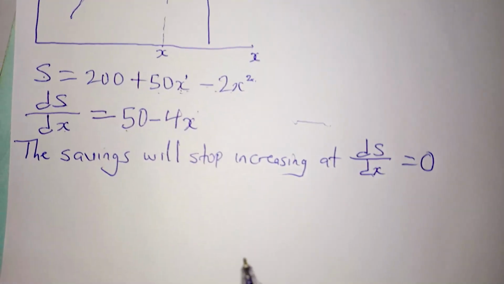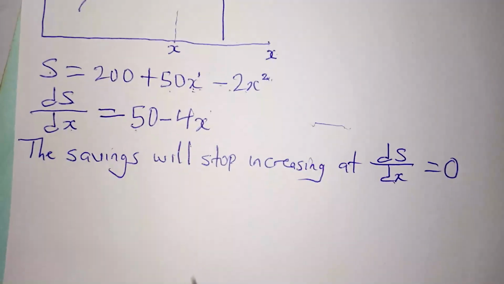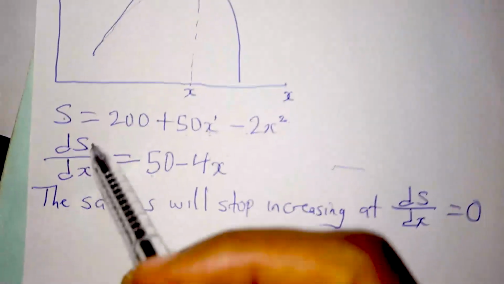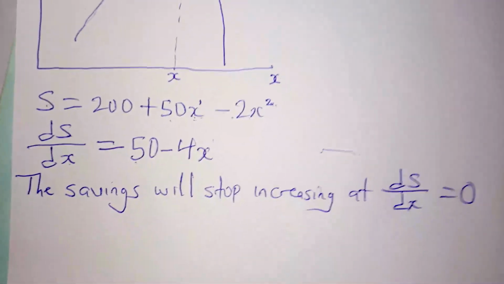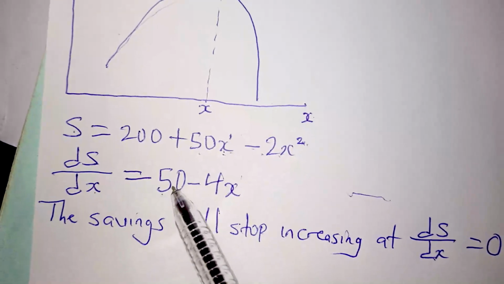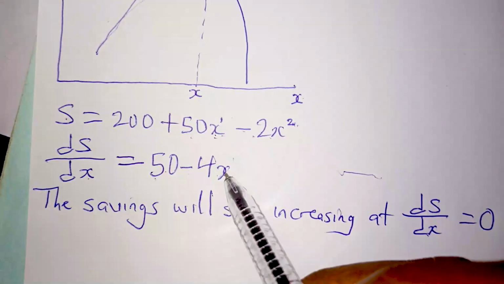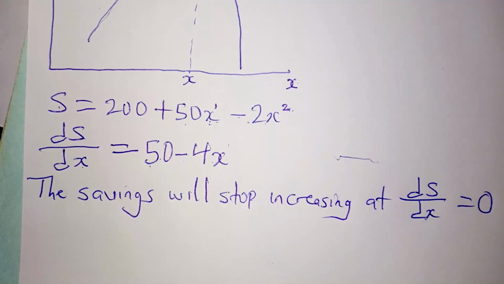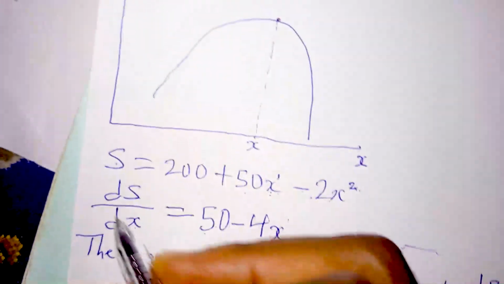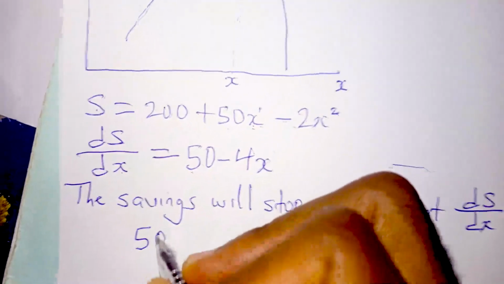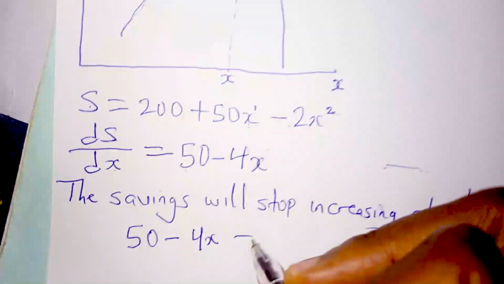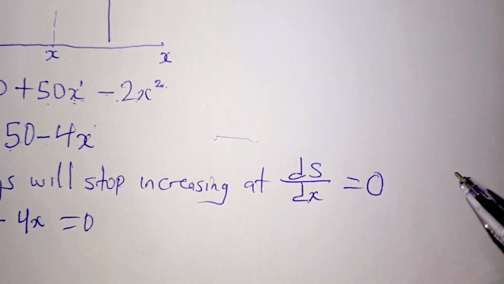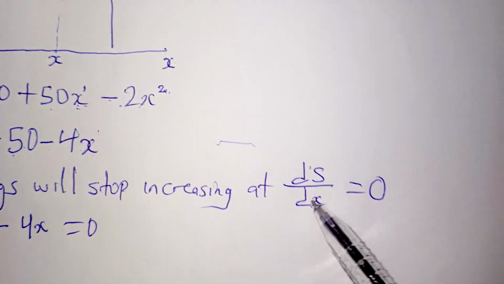So as we mentioned earlier, the parabola will stop rising at the point where dS/dx is equal to 0. And remember, we already found dS/dx to be 50 minus 4x. So the savings will stop increasing at the point where dS/dx, that's 50 minus 4x, is equal to 0. So I'm making use of this fact that our parabola will stop increasing at the point where dS/dx is equal to 0.